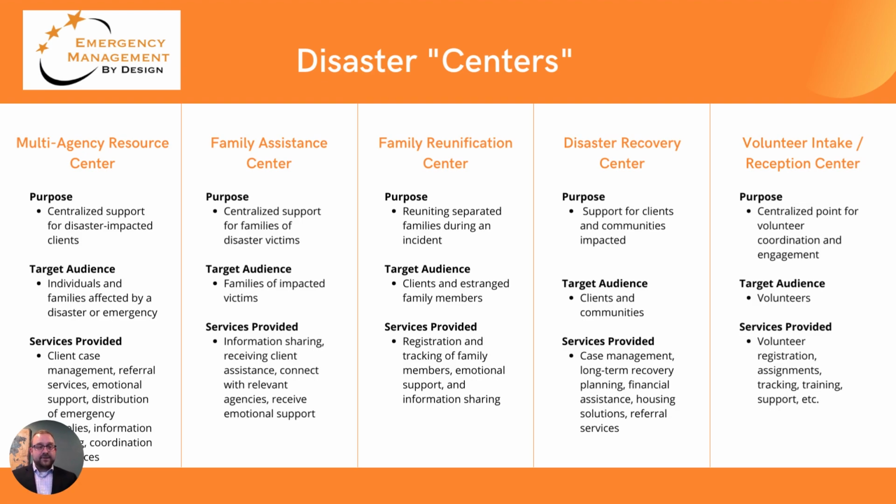Some of the types of services that we might see at a family assistance center include information sharing for family members, receiving client assistance, connecting with relevant agencies if there's some type of NTSB, National Transportation Safety Board, or FBI or other agency involved in the response, as well as receiving emotional support.